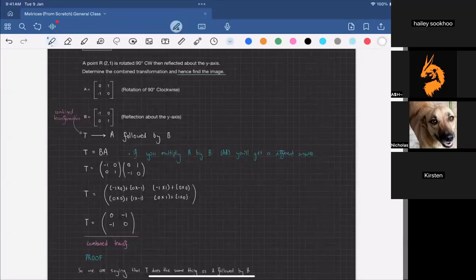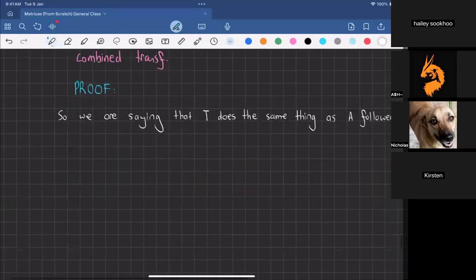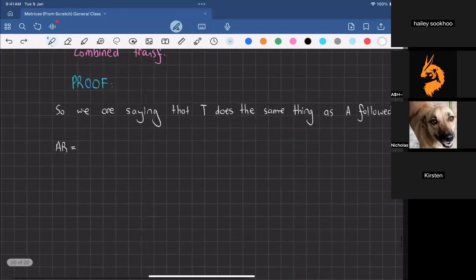At some point you went a little off track. So we're going to say AR. Just remember, what is matrix A? 0, -1, 1, 0. Right. No, the negative one is underneath, and that is 0. And you're multiplying that by 2, 1.